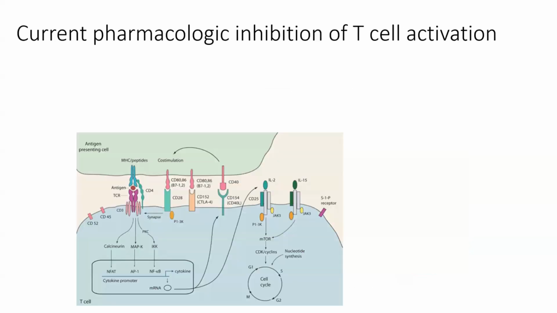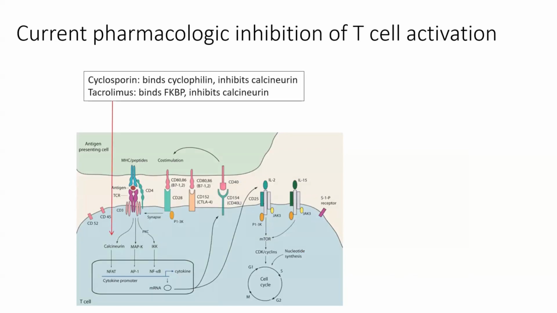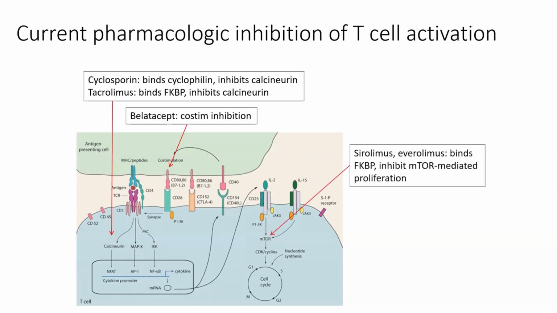These are the areas where we are trying to use medications. You've heard of calcineurin inhibitors, that's cyclosporin and tacrolimus. Co-stimulatory blockade is belatacept. We talked about mTORs briefly, which inhibit mTOR.